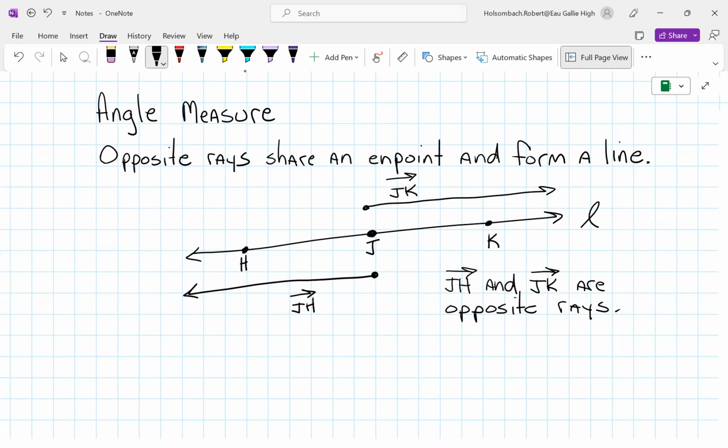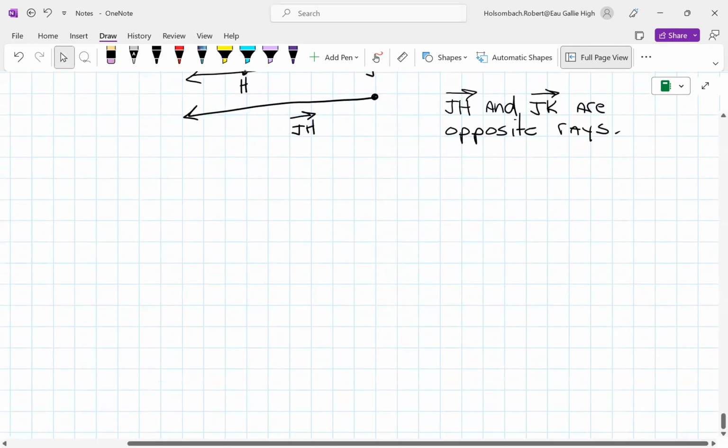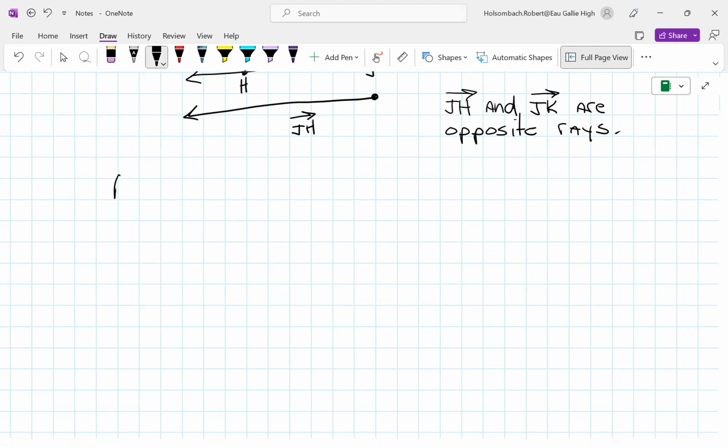All right, and then down below opposite rays, we have the term angle. An angle is formed by two non-collinear rays.